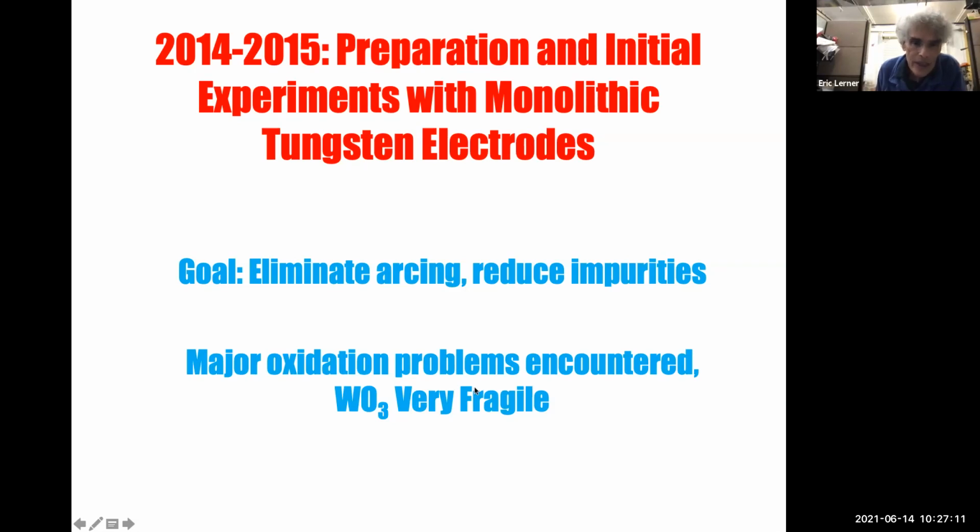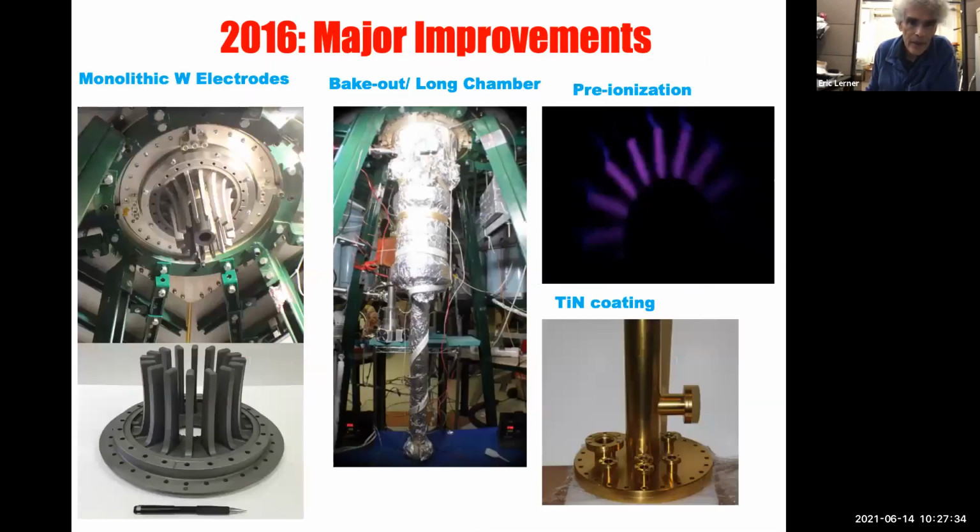Well, in 2015, when we started those experiments, we found that tungsten has major oxidation problems. And the tungsten oxide is a very fragile material, breaks down very easily. And that led to an increase, not a decrease, in impurities.